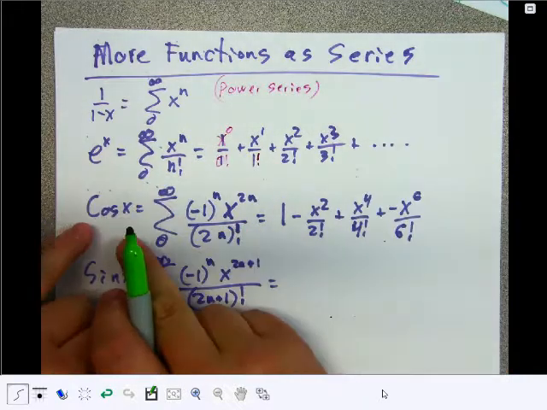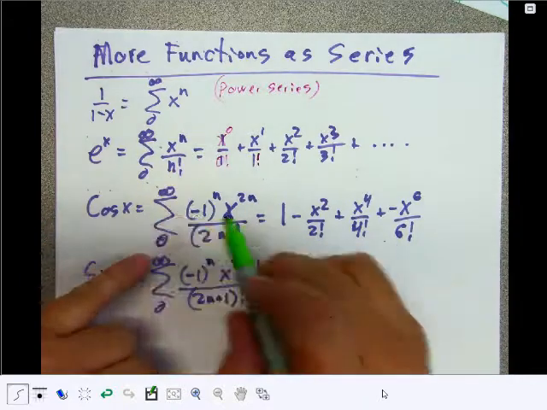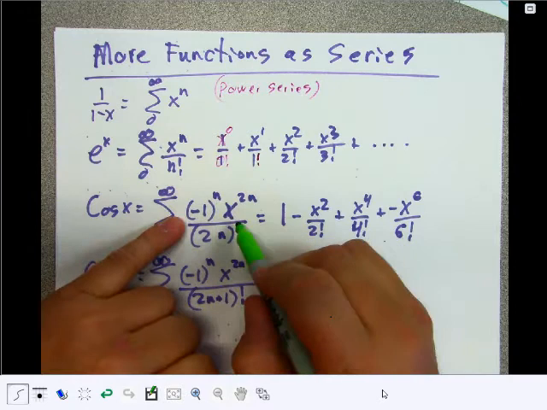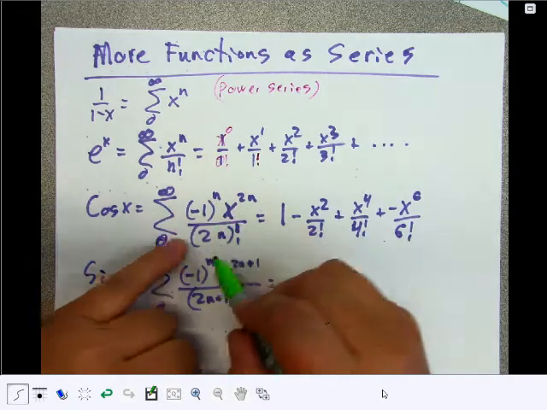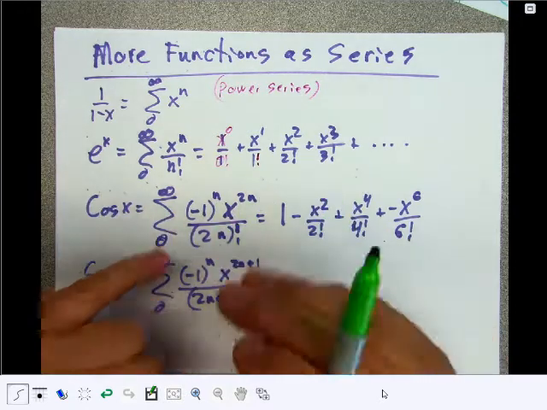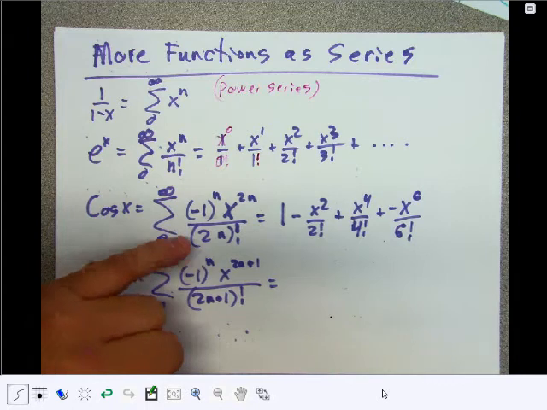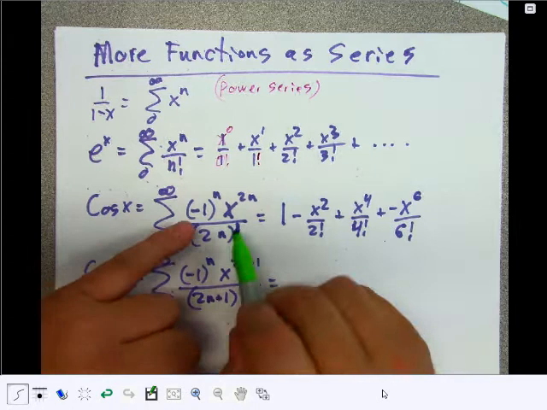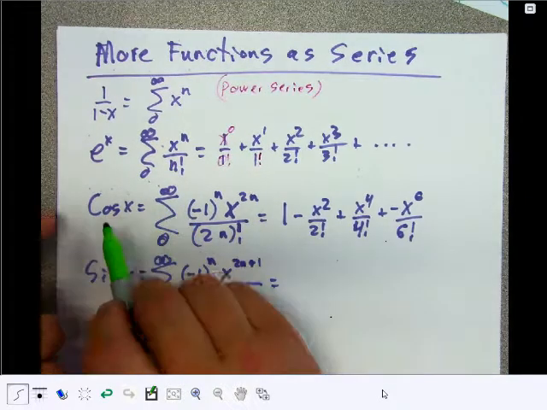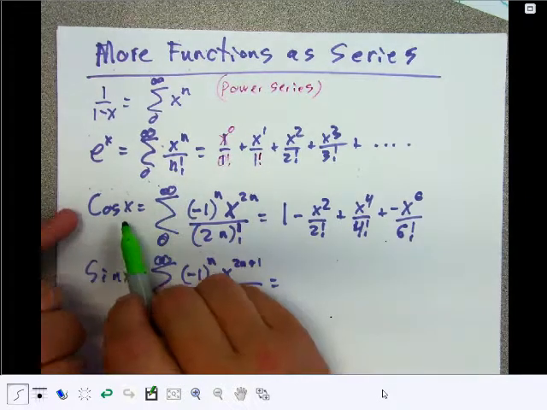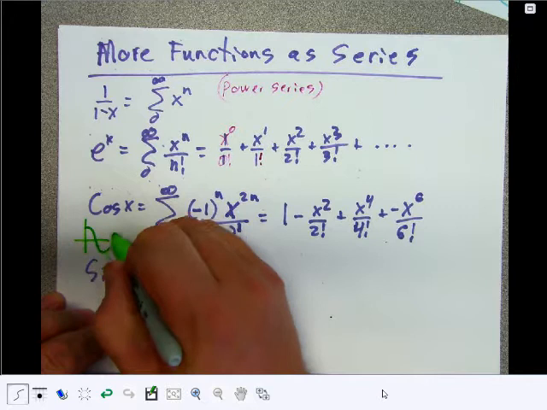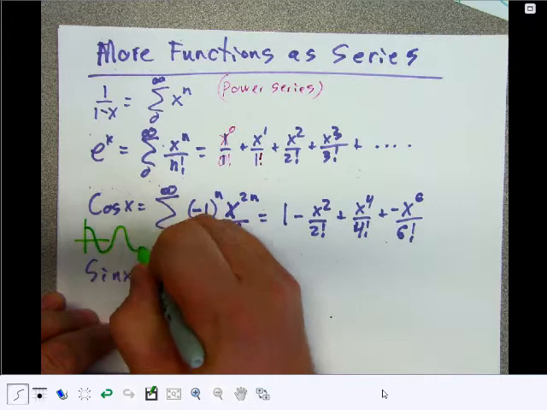Cosine x becomes a bit more challenging, from 0 to infinity. Now we have negative 1 to the nth, x to the 2n over 2n factorial. In calculus, we can learn how to build this entire thing, but for now, just accept that this is the polynomial that would best approximate cosine. One of the kickers is, if you will remember, the graph of cosine starts up, goes down, comes back up, goes down, comes back up.